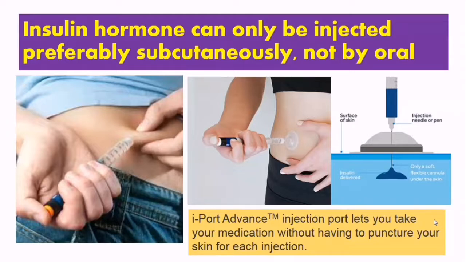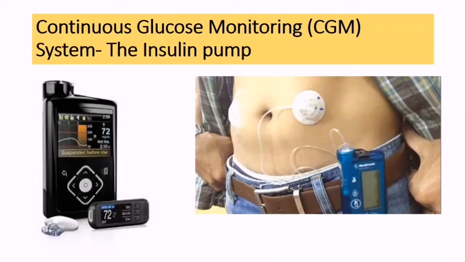From this stage, we have arrived at an advanced technical stage with what is called the iPort, an advanced injection port, which lets you take your medication without having to puncture your skin with each injection. This is an advanced technology of insulin injection.